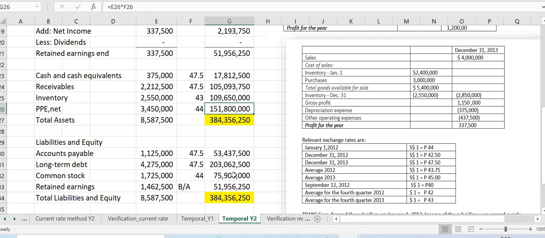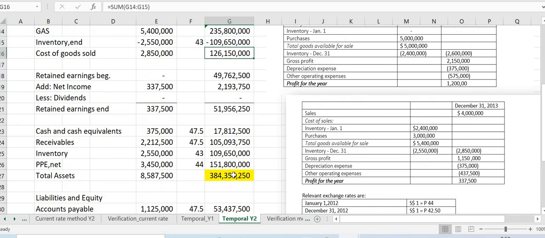And we have retained earnings end of 1,462,500. It's actually your retained earnings beginning of 1,125,000 in Singaporean dollars, and then net income of 337,500. Okay.